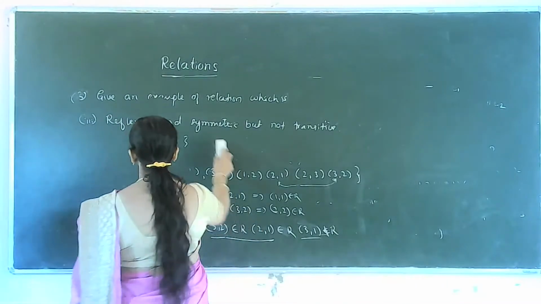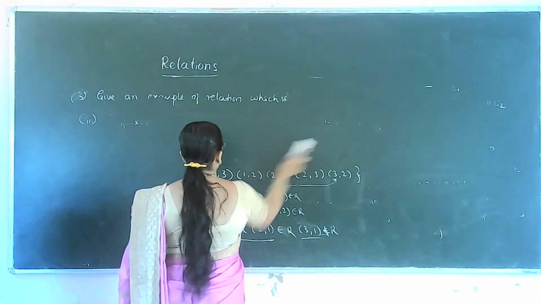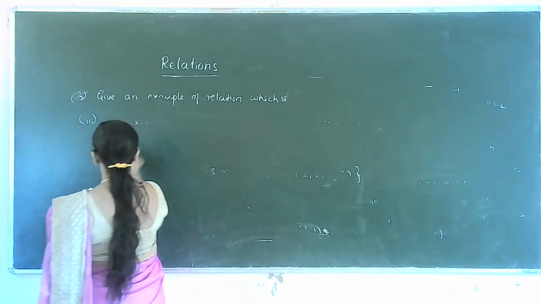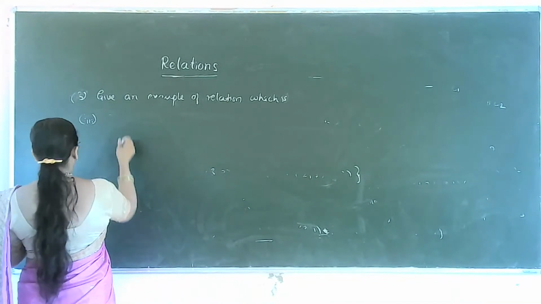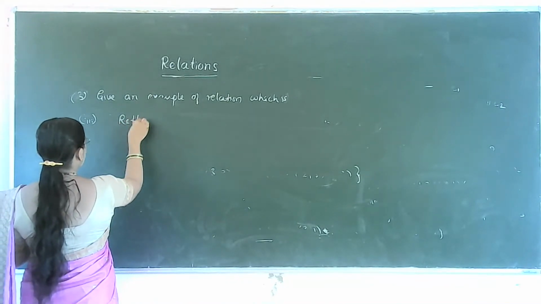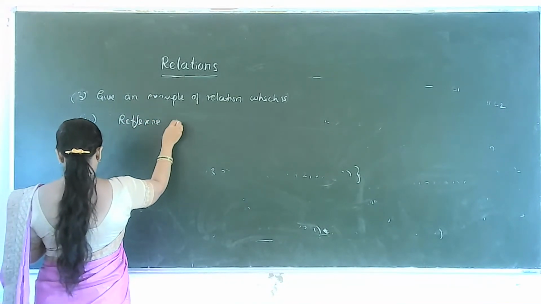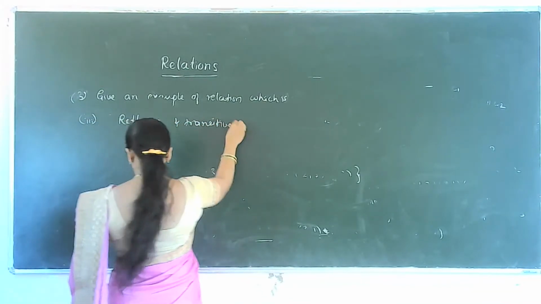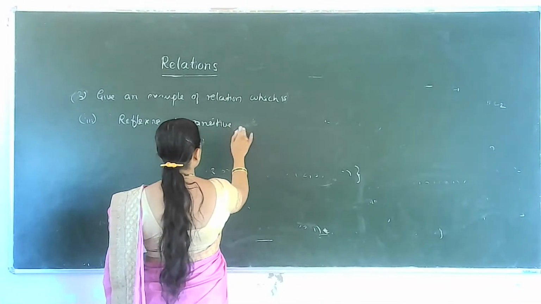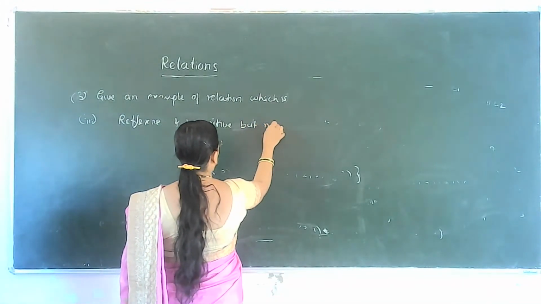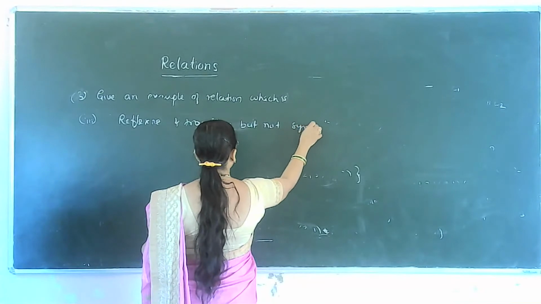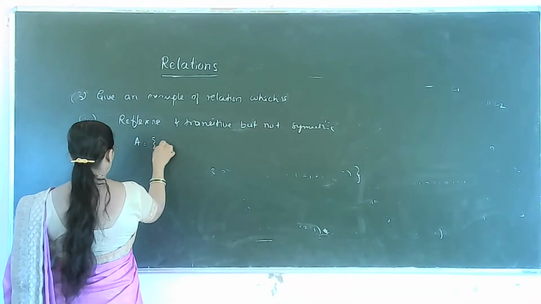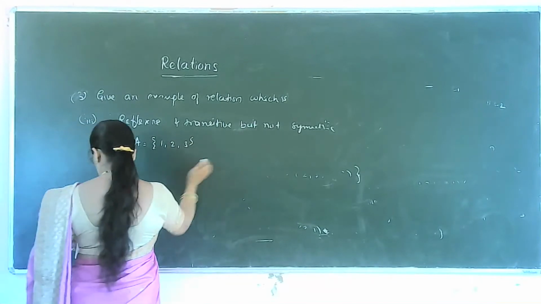Then, reflexive and transitive but not symmetric. Here A is equal to {1, 2, 3}.